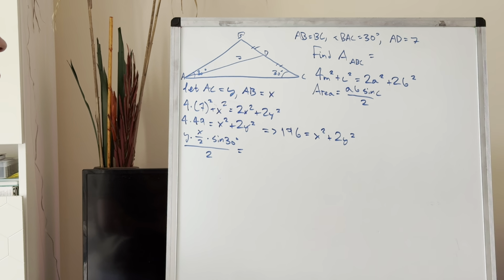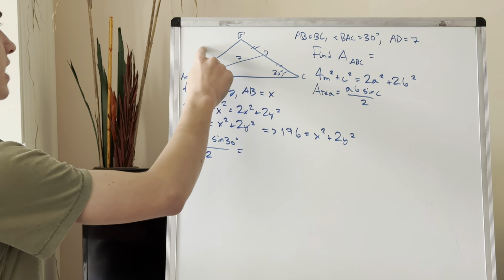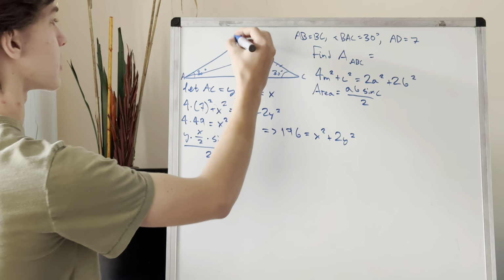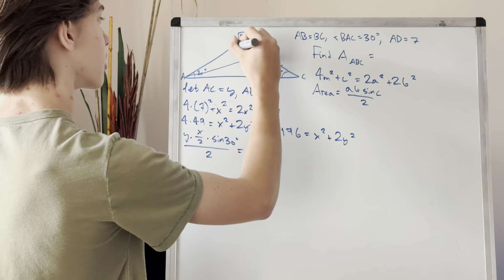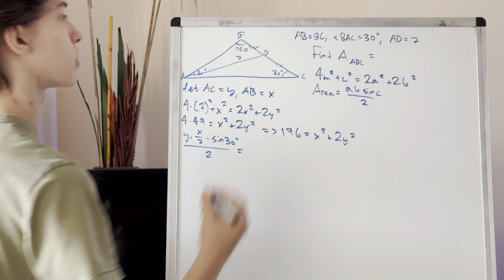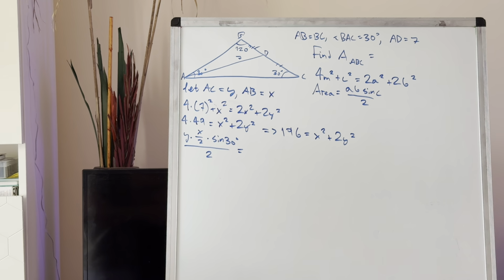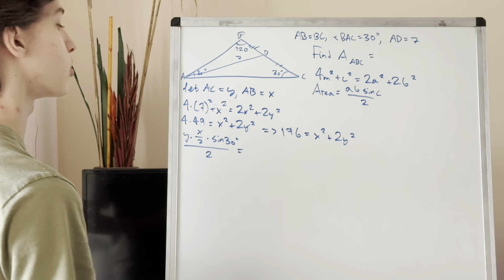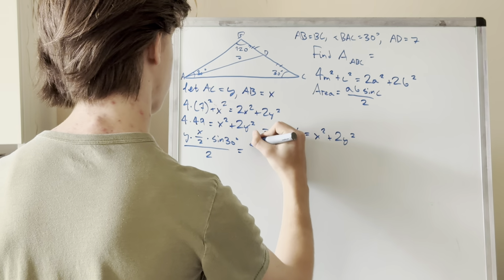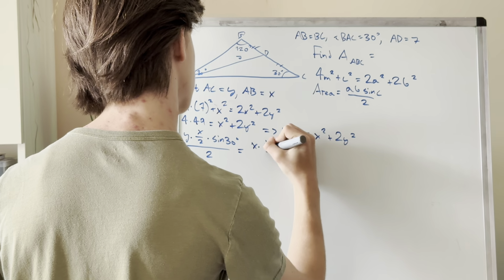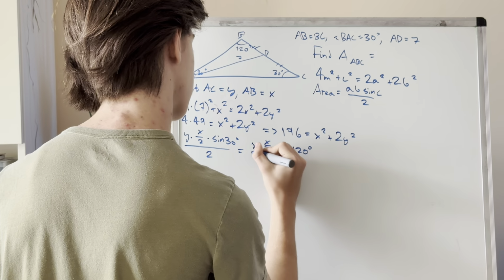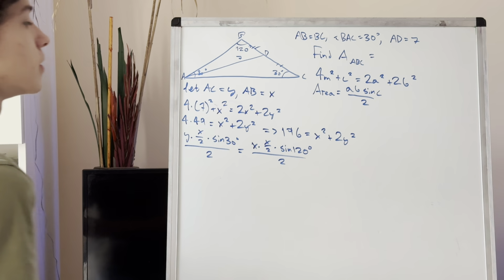Alright, triangle ABD seems like x right here, times another x over 2, times the sine of this angle B, which we can quickly deduce is 120 degrees, by sum of angles in a triangle, by the way. It's going to be x times x over 2 times sine of 120 degrees over 2.